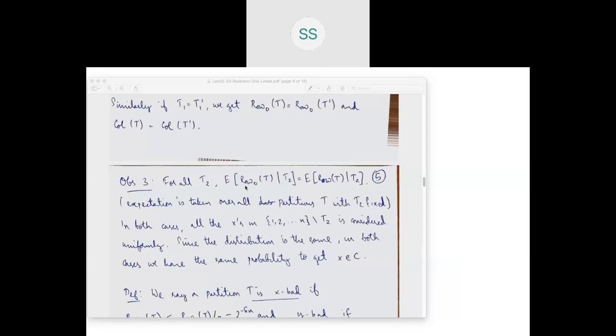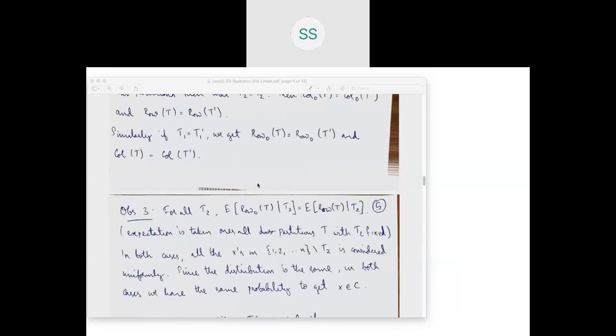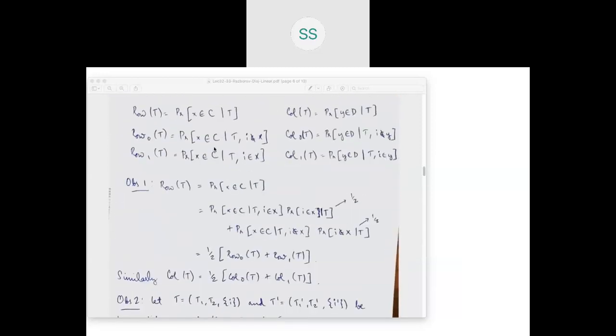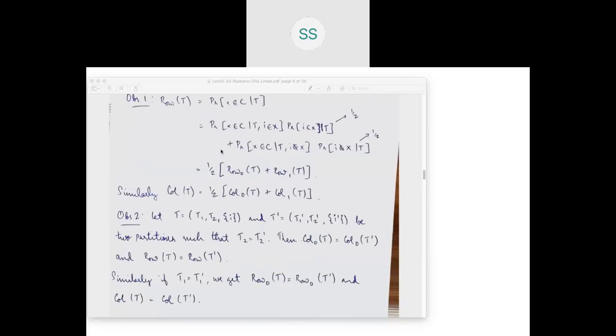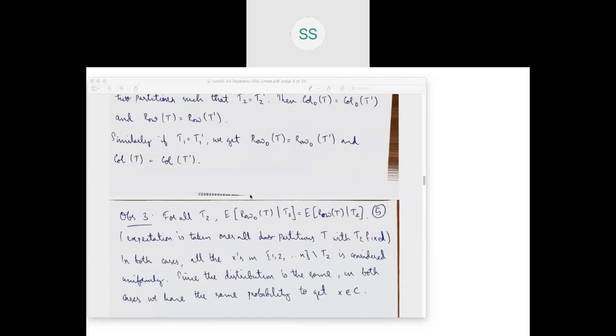The reason is that, let's say T2 is fixed. In this case, what is the distribution of row 0? This boils down to what is the probability that X is in some C. Now X is in C means X has to be in T1. But then T1 is randomly chosen. Another way to think is T2 is fixed, so the choice of T1 is also the choice of I. Once I is fixed, everything else is T1. So row 0 of T is you taking all the possible L element subsets of T1 here.